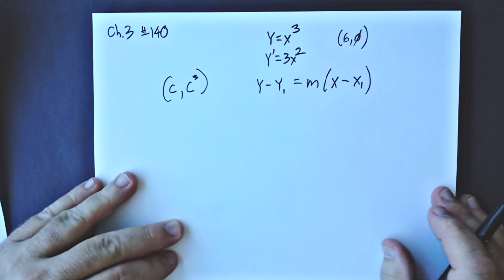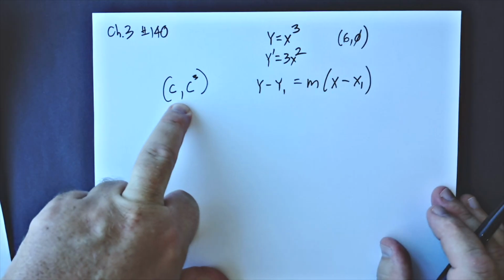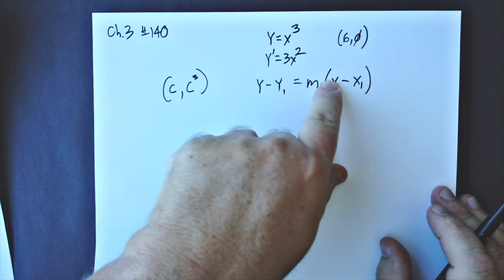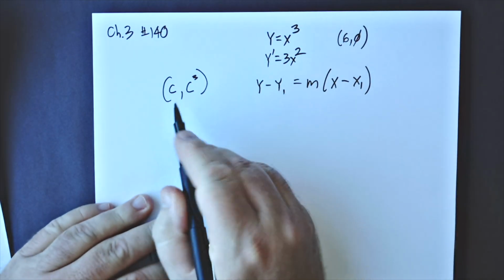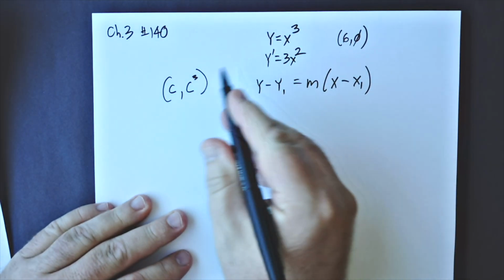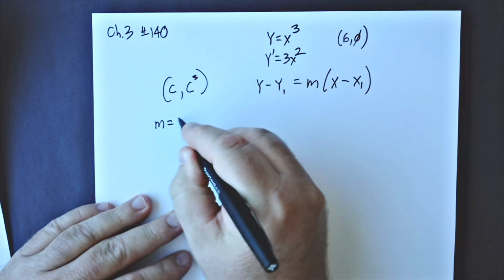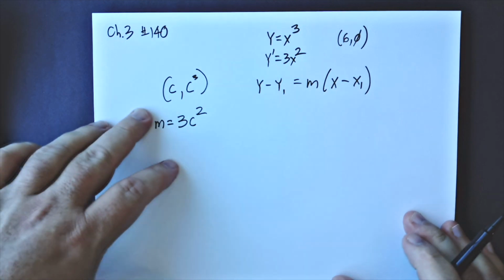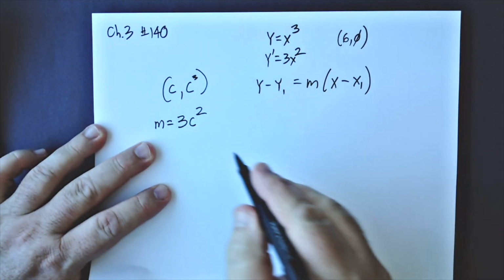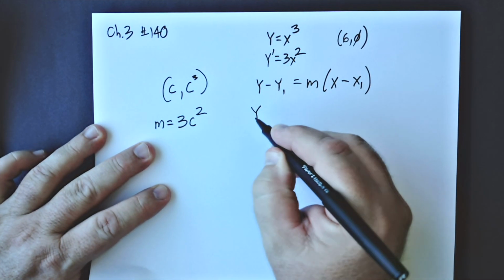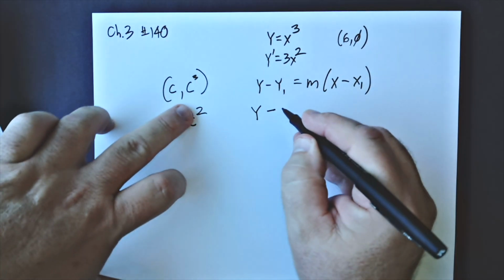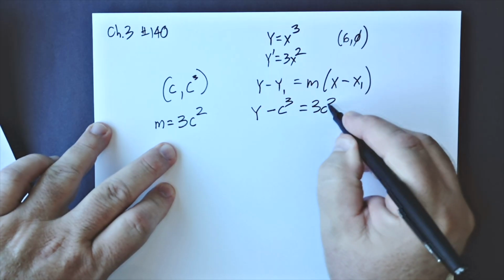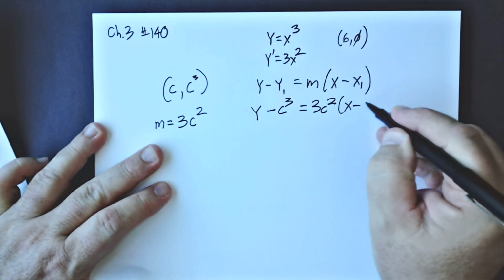Yes? If I have this, can't I use that as my x1 and y1? Oh, I need the slope. If I'm using c, can I use c in here too to say that m would be 3c squared? Whatever that point is. Well, I can plug all that in. So I'm going to have y minus c cubed equals 3c squared times x minus c.